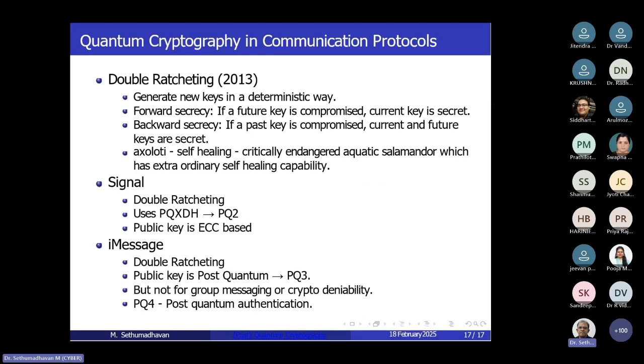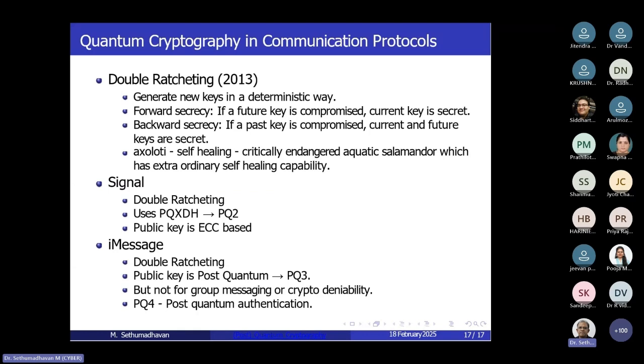If you look at the Signal protocol or even iMessage, if you're using an iPhone, both Signal and iMessage use the double ratcheting protocol. iMessage, a few months ago, they were telling, okay, I'll not go into detail about it, I'll come back. There are some statements like PQ1, PQ2, PQ3, PQ4. PQ means post quantum, level 1, level 2, level 3.